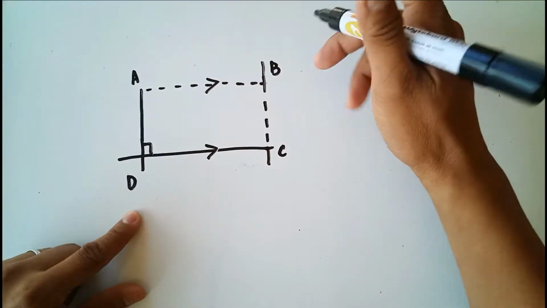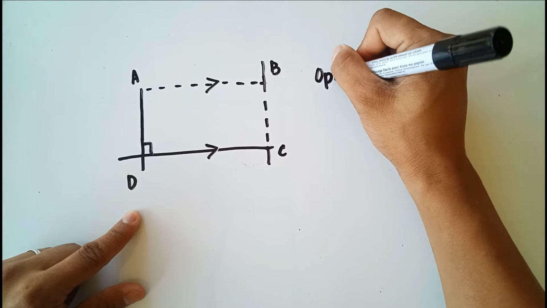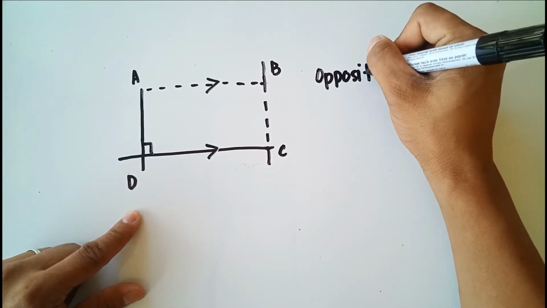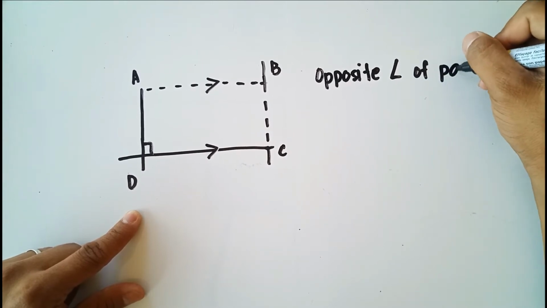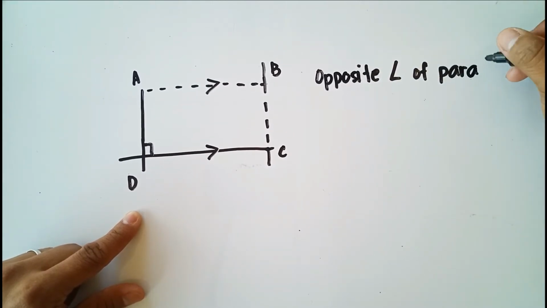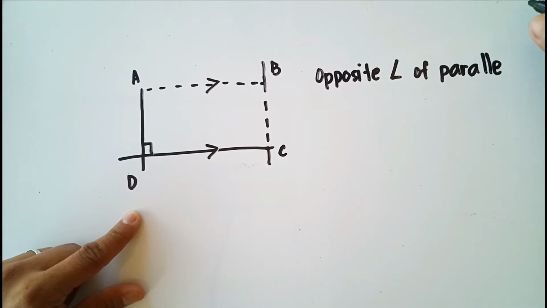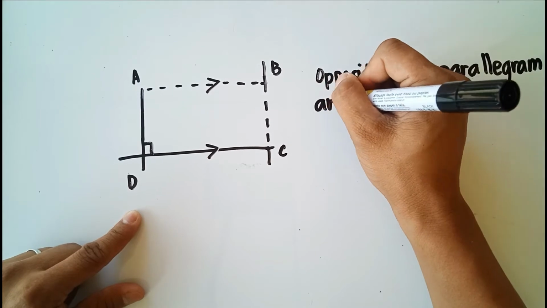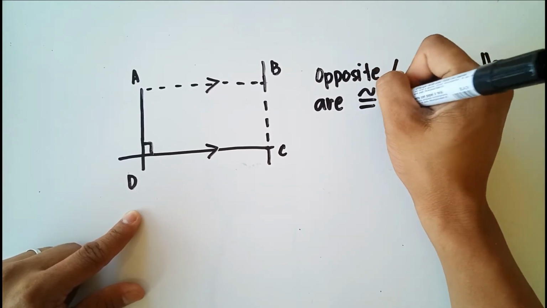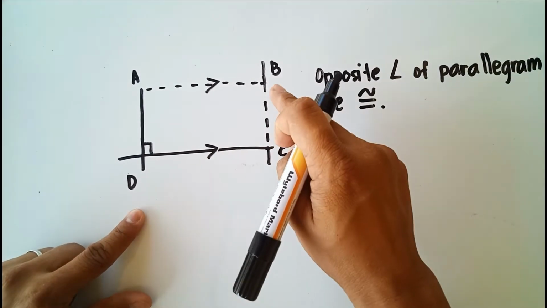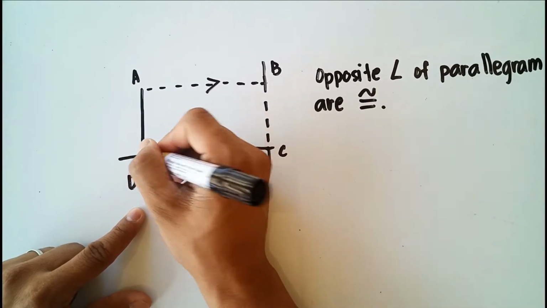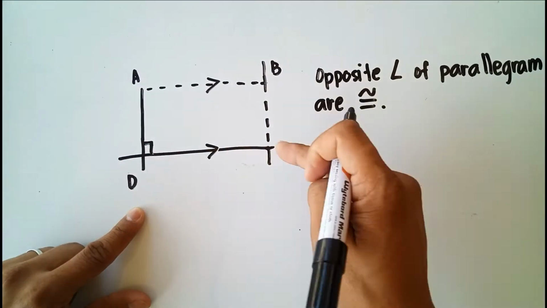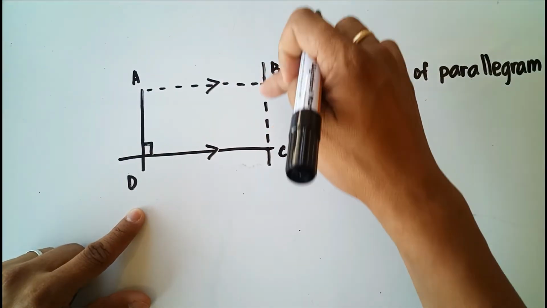So, based on the definition, we have opposite angles of parallelogram are congruent. Now, since this is 90 degrees, two perpendicular lines form 90 degrees, then the opposites are parallel.